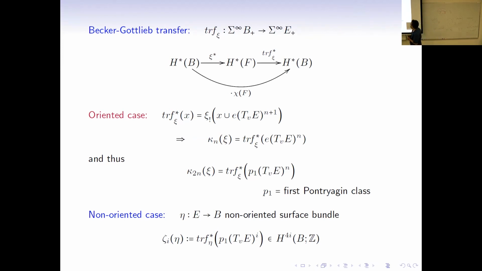One of the properties that this has is that when you compose the map induced from the projection with the transfer, you get multiplication by the Euler characteristic of the fiber. And also, the transfer is given by the Gysin map applied to the class multiplied by the Euler class.